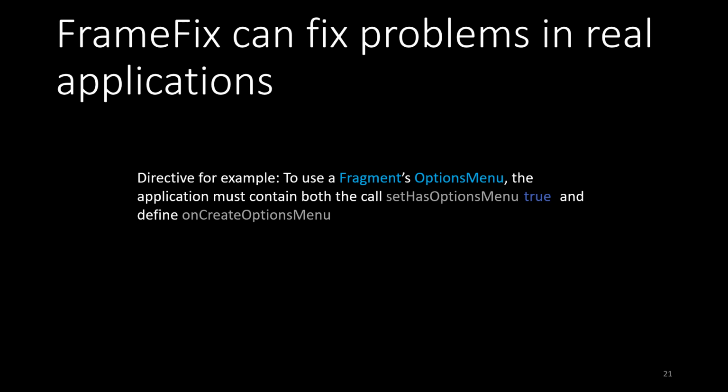Elaborating further on that options menu case, I want to give you an example of FrameFix repairing a problem in a real application. So the directive for this example is to use the fragment's options menu. The application must contain both the call setHasOptionsMenu(true) and define the onCreateOptionsMenu method.